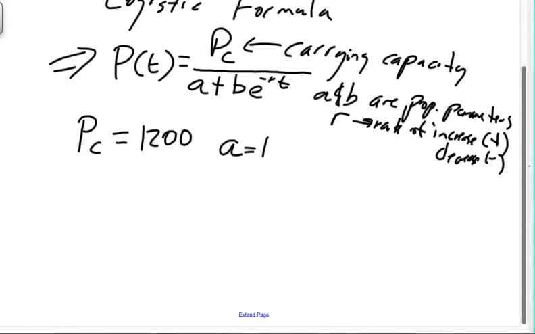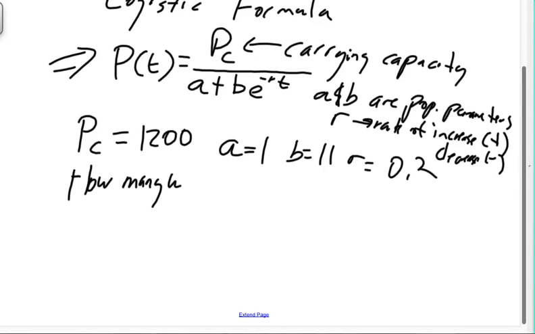A is 1, B is 11, and R is 0.2. The first thing you want to find out is how many were originally in the pond.